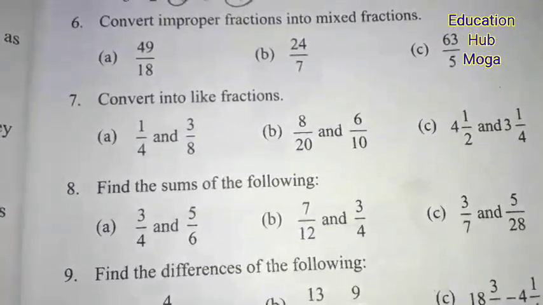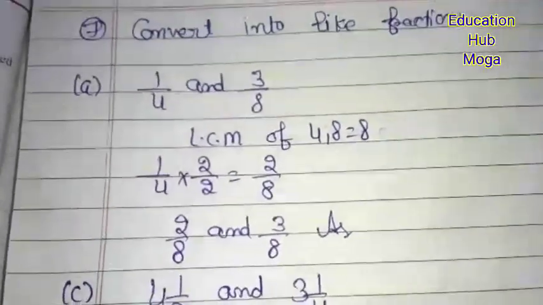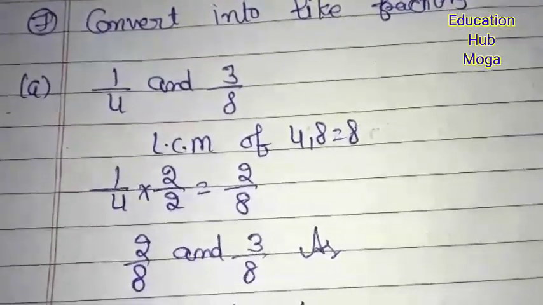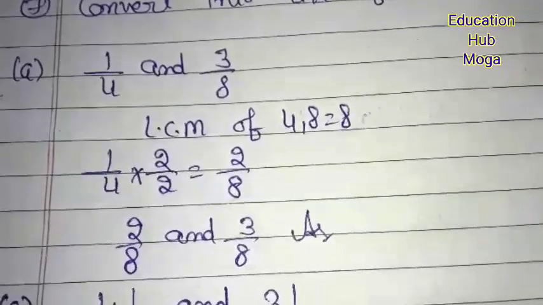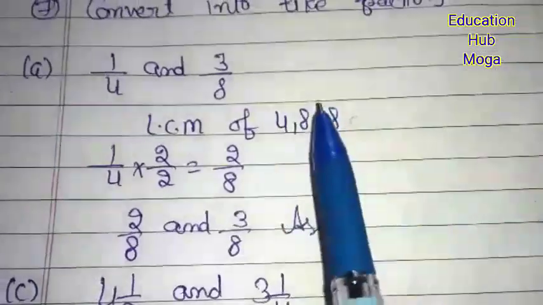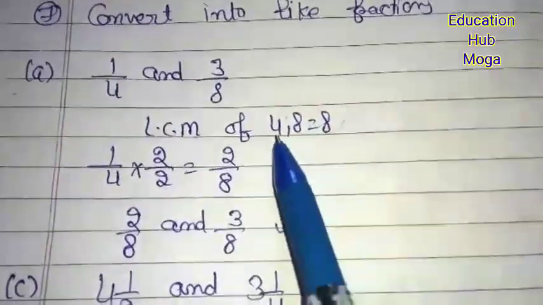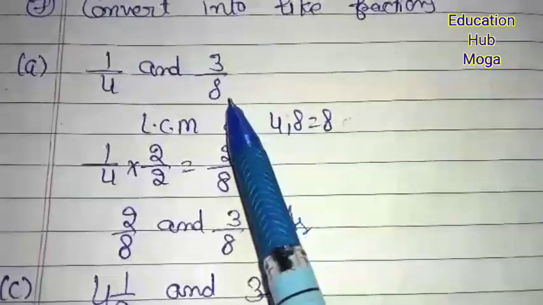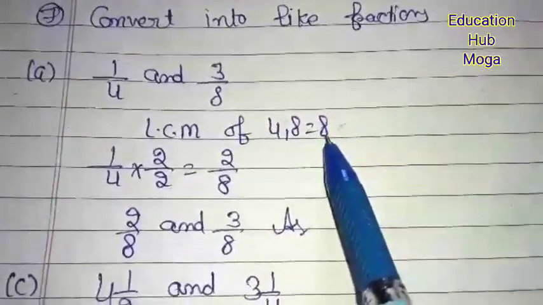Next is convert into like fractions. This is also a very easy sum. How to convert into like fractions? The seventh part is 1 by 4 and 3 by 8. The LCM of 4 and 8 is 8. 3 by 8 has no need to be converted, because 8 is our denominator and our LCM is also 8.